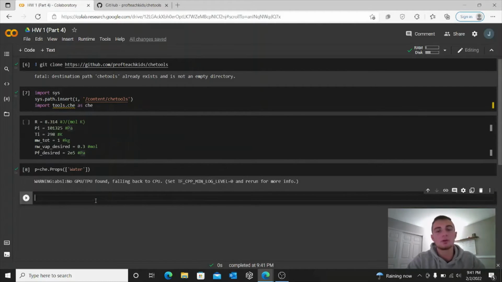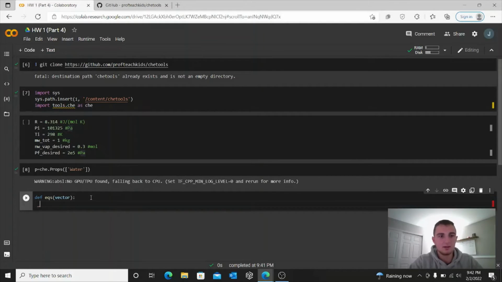Now from here, what we need to do is define a function that will basically return a vector of our unknown variables. So I'll define the function EQS, and I'll call the argument vector. And here I'm just going to unpack that vector.